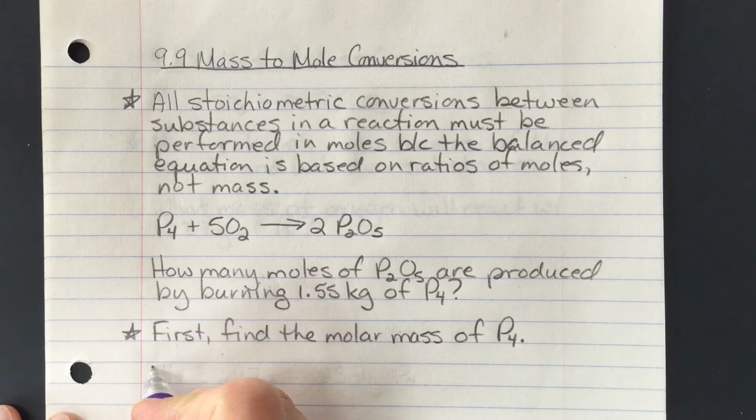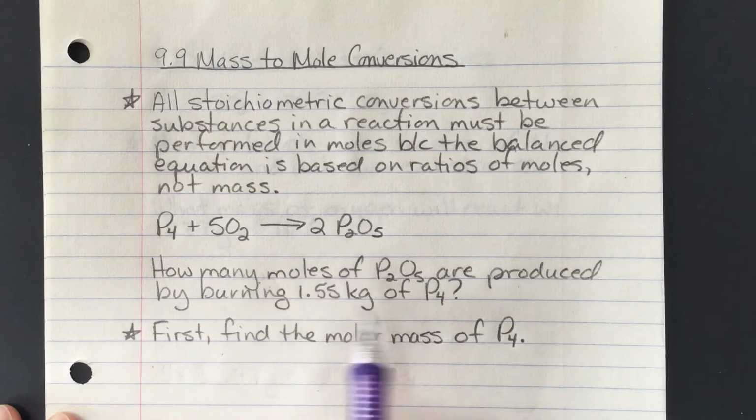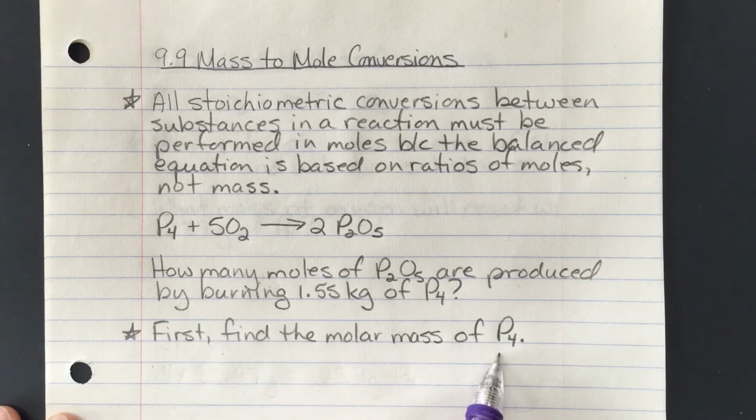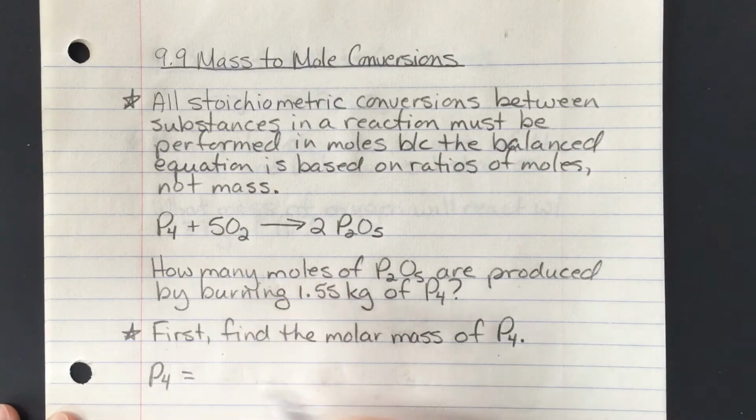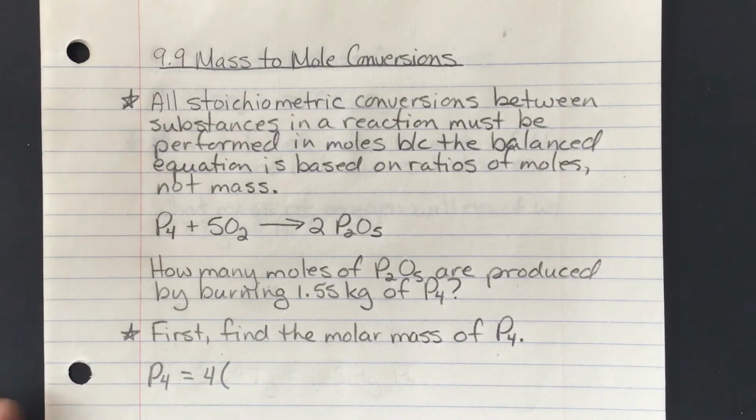So I start out with 1.55 kilograms, but one note here. First, find the molar mass of P4. We're going to be working with molar masses here. So my molar mass for P4 is 4 times the molar mass for phosphorus.